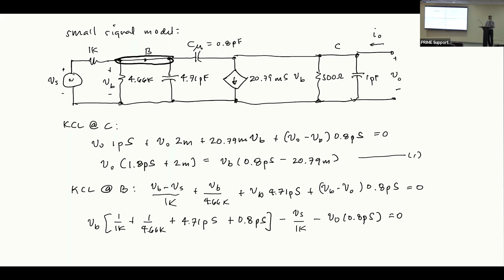Okay, yeah, tama, no? 4.71 plus 0.8 is 5.51P.